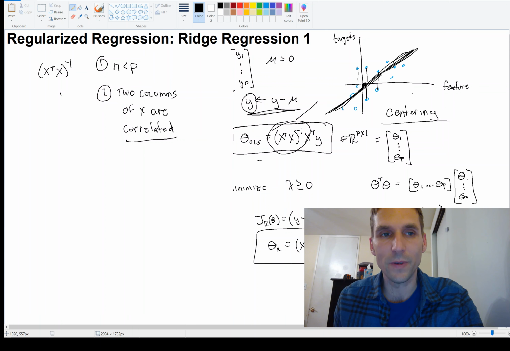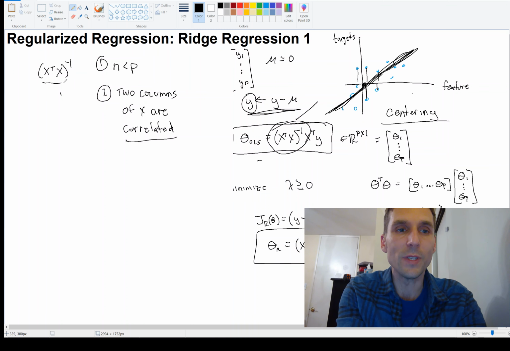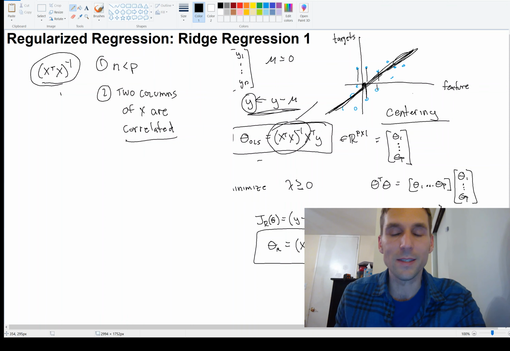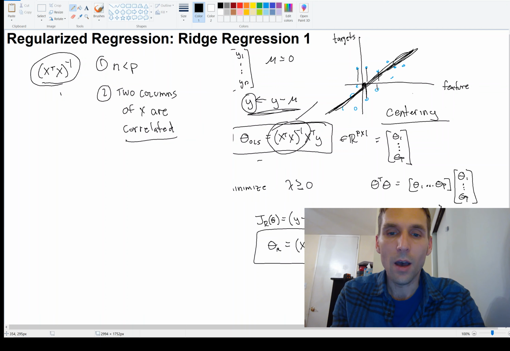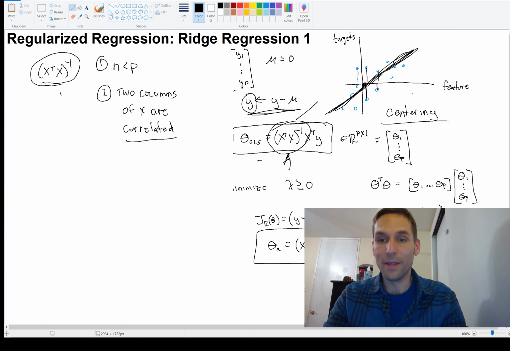If we used height as a feature and weight as a feature, those would be correlated, and you would see that this inverse does not exist. That's an ill-conditioned problem, and it turns out that adding this penalty term in ridge regression helps us convert this ill-conditioned problem, where the inverse does not exist, into one where this inverse will exist. So we're going to take a look at that in the next video.